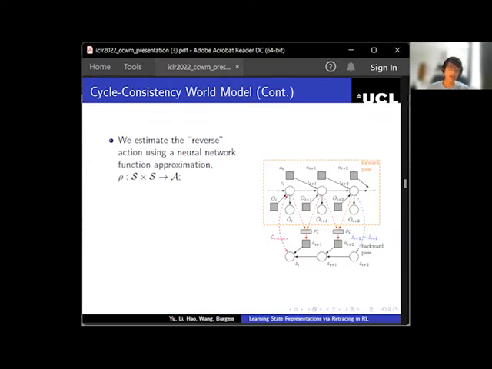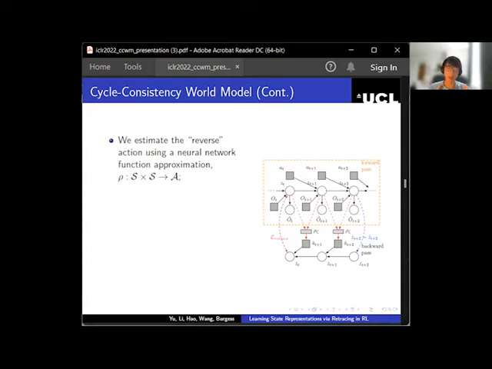There are multiple design choices. Maybe I didn't mention this, but the general framework of learning retracing can be quite general. So there's lots of flexibility in the design choices, like the model-free or model-based nature of the agents, whether or not we use the same transition dynamics model for modeling the forward and reverse transition dynamics, and whether or not we do offline learning of the reverse action approximation.